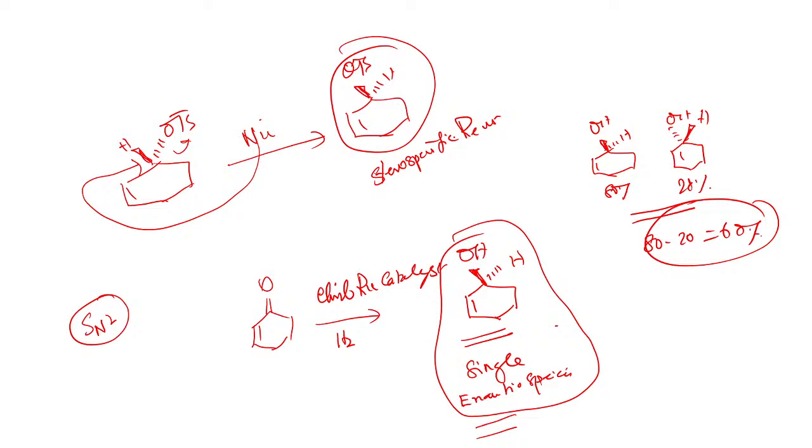Regiospecific and chemoselective reactions. Chemoselective means you take a mixture of two carbonyl compounds. For example, you take benzaldehyde, and another one you have is the ketone.